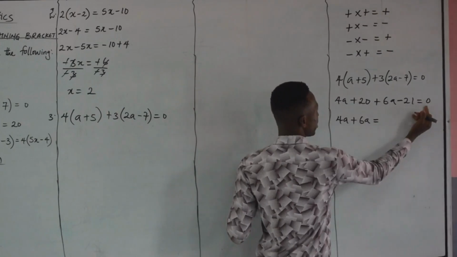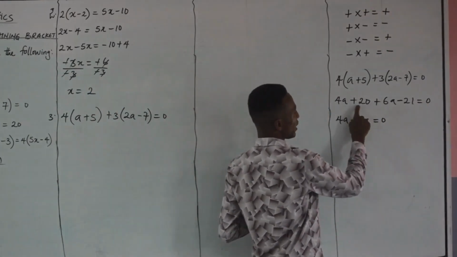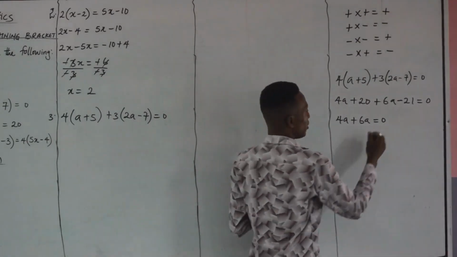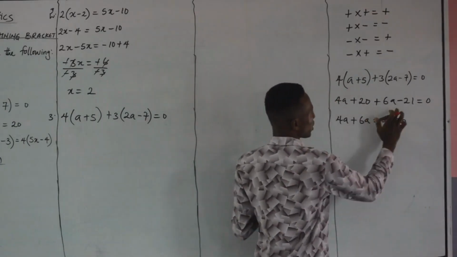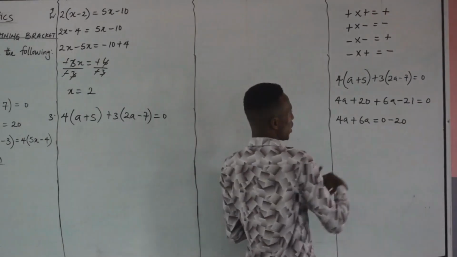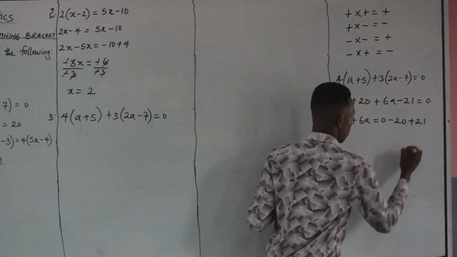So equals to 0 is already here. The first number here is plus 20. Plus 20 crosses this equals to become minus 20. Now we are done with this plus 20. Then the next one here is minus 21. Minus 21 crosses this equals to become plus 21.